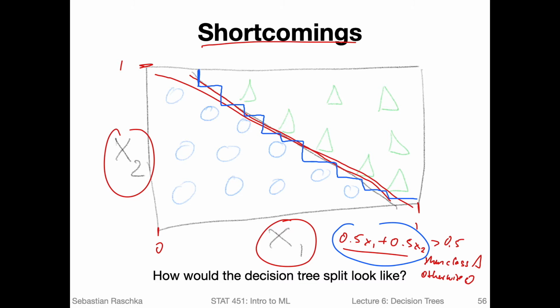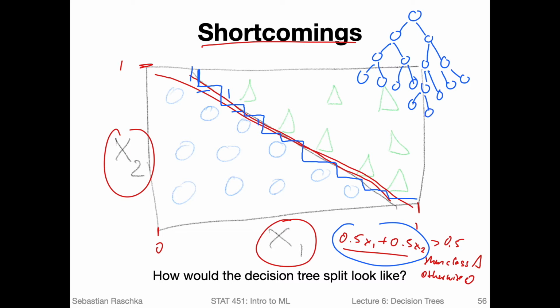And each staircase here, the first one, the second one, the third one, fourth one, fifth one and so forth, would be another level of the decision tree. So in this case, it would be a super deep decision tree splitting the data set, which would be a super expensive model, and also kind of prone to overfitting.